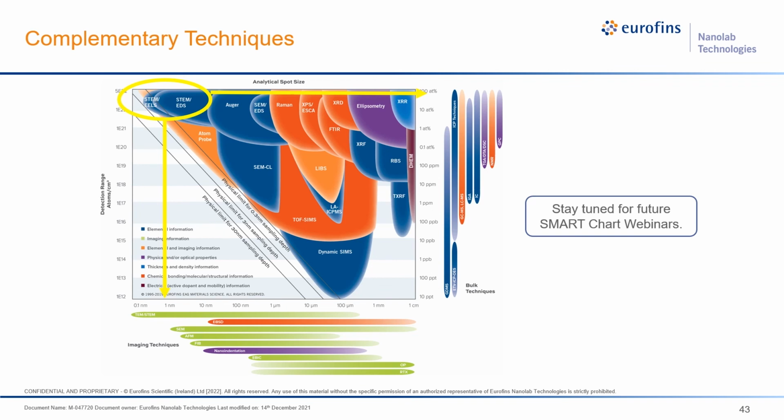And you may want to try SIMS, which is more like a planar surface analysis, but it can give a much higher chemical sensitivity. Also, the analysis area of TEM-based techniques is very small. So generally, you would need techniques with lower spatial resolution but larger analysis area to help you get a full story of the device of interest.